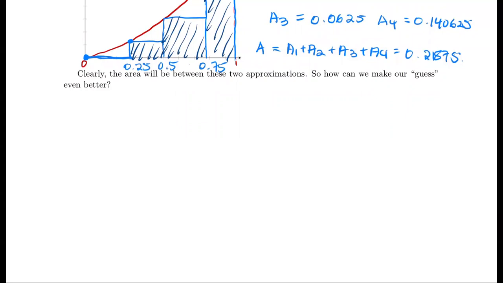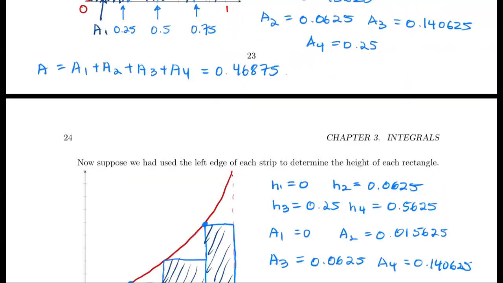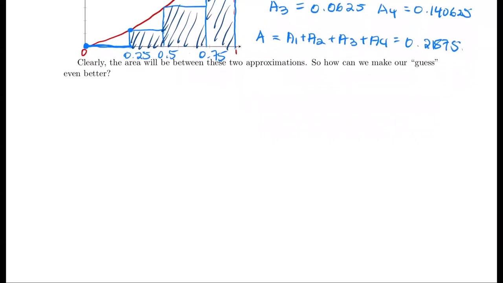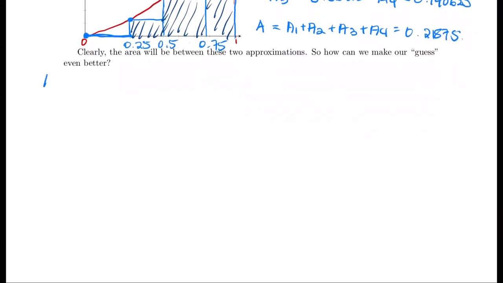So let's try the average of the right edge and the left edge. A bar is the area of the left edge plus the area of the right edge, all divided by 2.